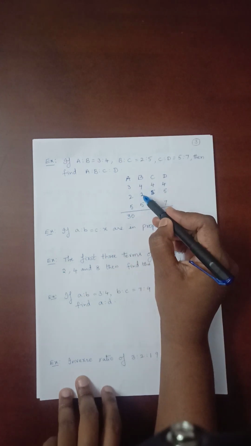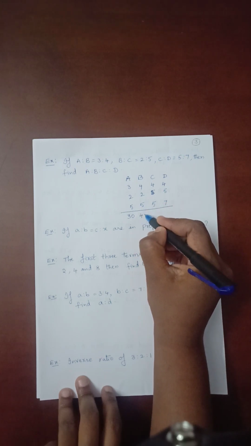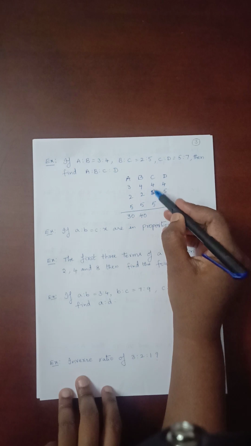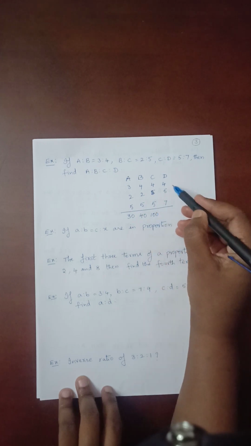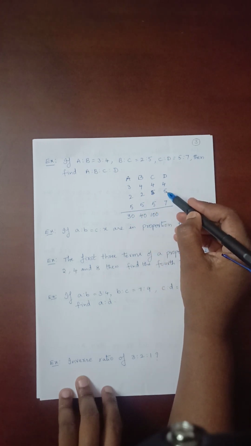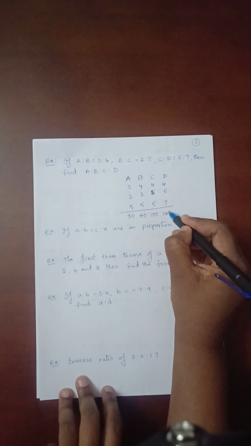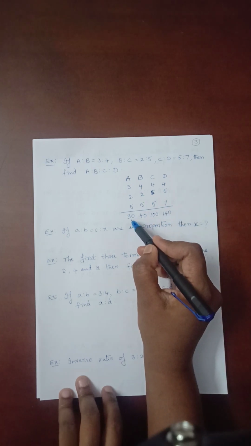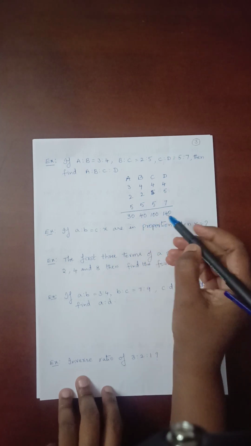Here 4 2s are 8, 8 5s are 40. 4 5s are 20, 20 5s are 100. Here 4 5s are 20, 20 7s are 140. Here 30, 40, 100, 140 we got.